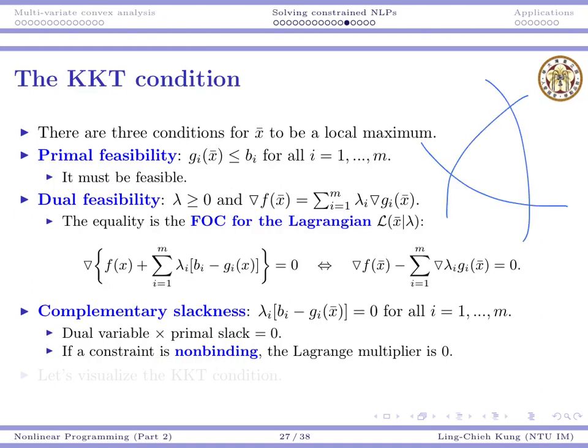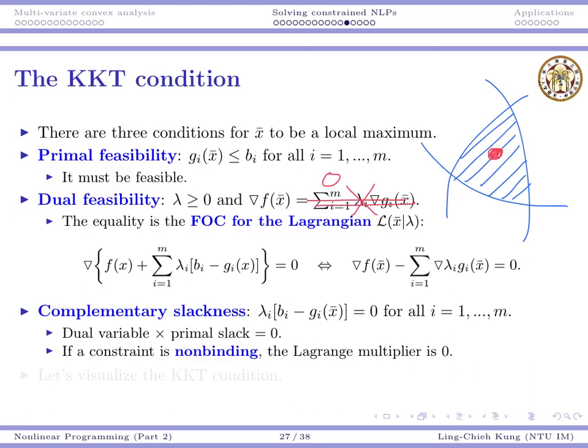Suppose this is your feasible region. Suppose there is a point satisfying all the constraints strictly, so none of these three constraints are binding on the point. Then, in that case, lambda must all be 0. So cancel this guy. The right hand side becomes 0.